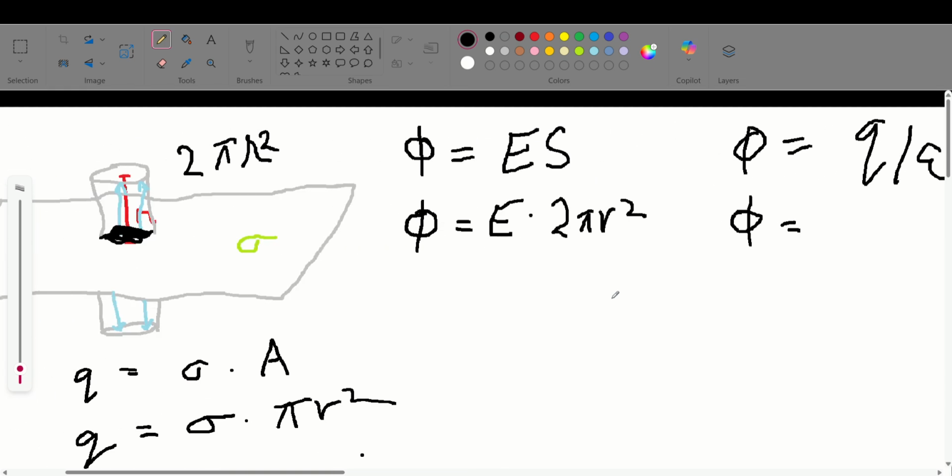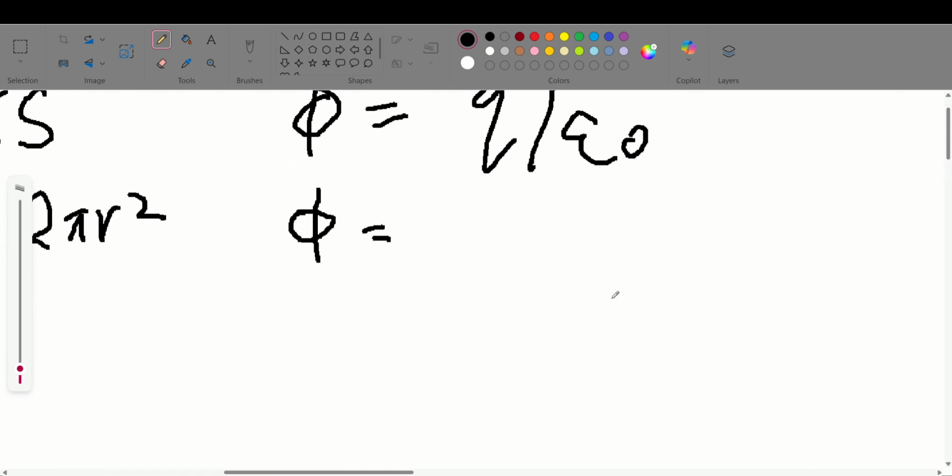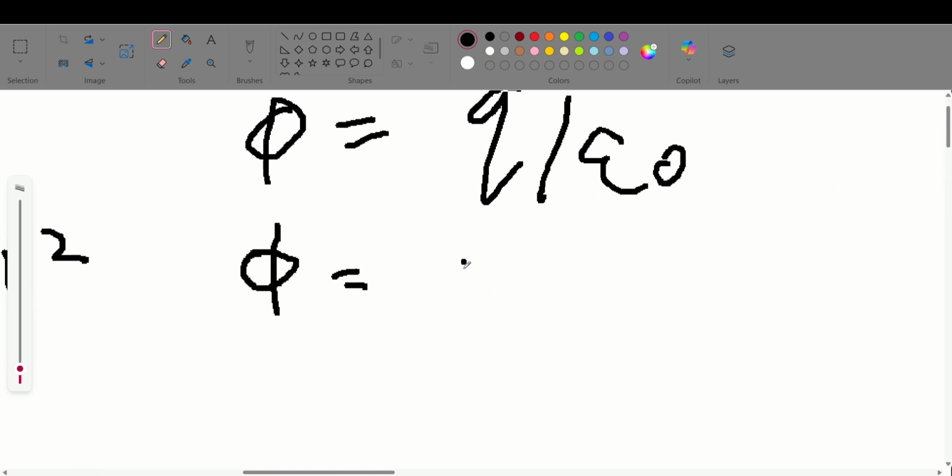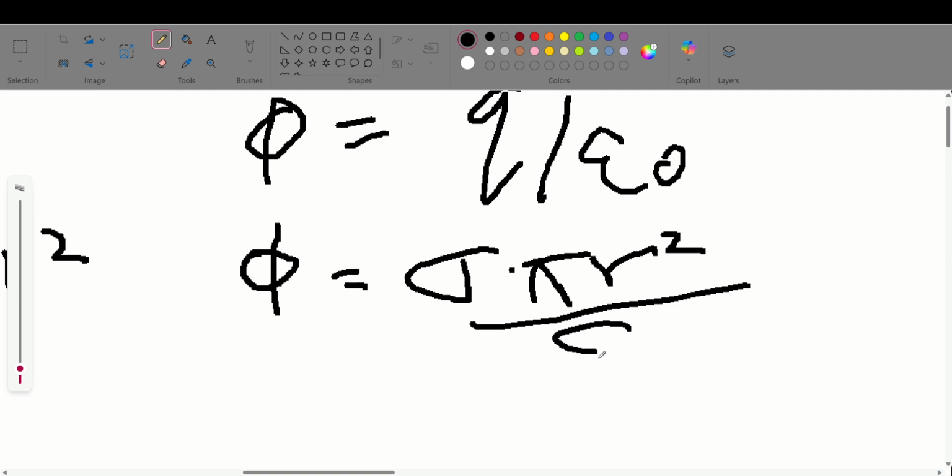So we just plug in that value of Q here. So that's sigma pi r squared divided by epsilon naught.